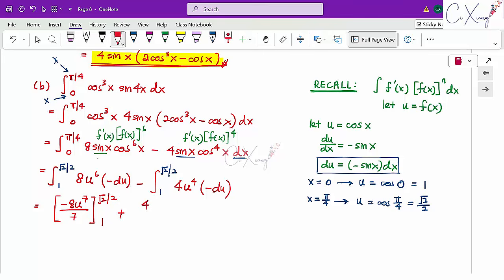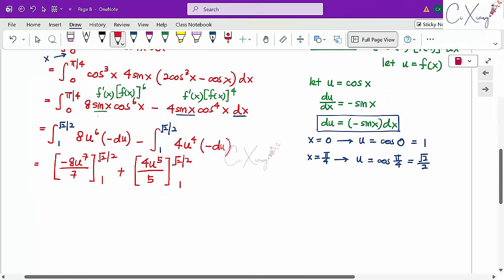Then you have 4 u power 4. Integrating it becomes u power 5 divided by 5. Then you also put in the limits of root 2 over 2 and 1. So the technique of integration here is a bit more complicated because you yourself have to decide the correct substitution. Then let's continue further.